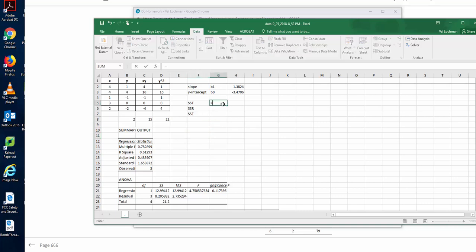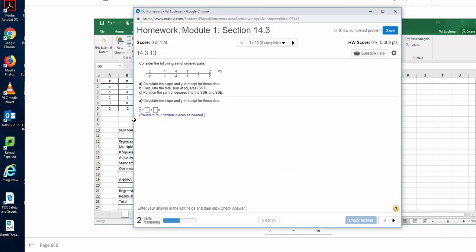It's the summation of y squared, so that's this guy right here, minus the sum of y's quantity squared, and divide by the number of observations, the number of pairs here, so we have 5. Okay, and that's going to be our answer for part B. We're going to check if all of these are right.